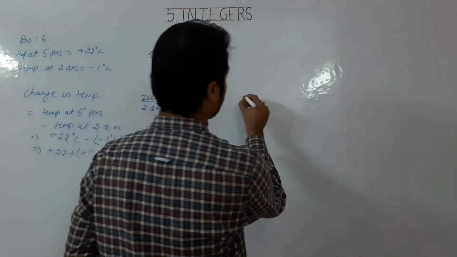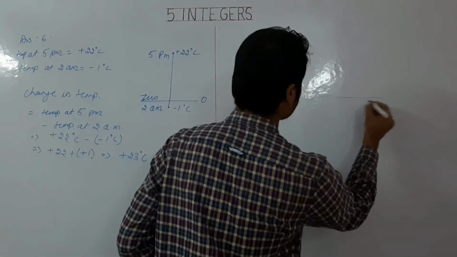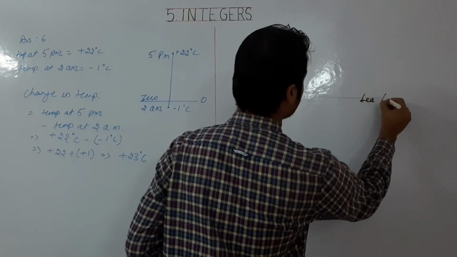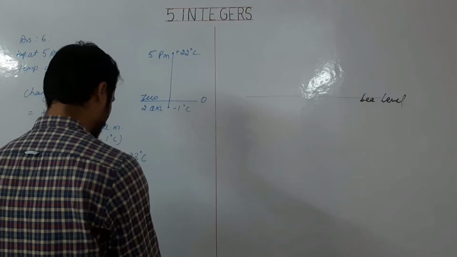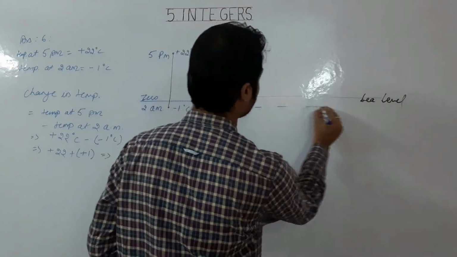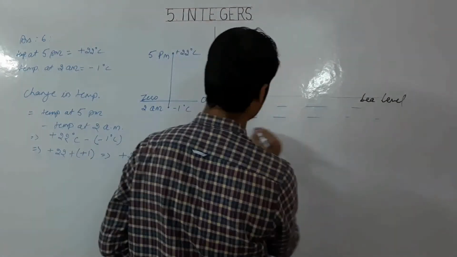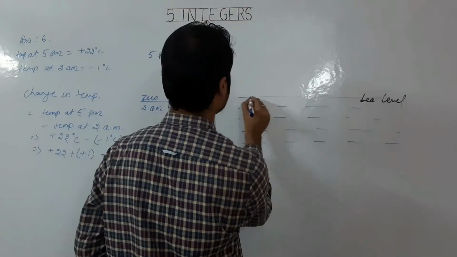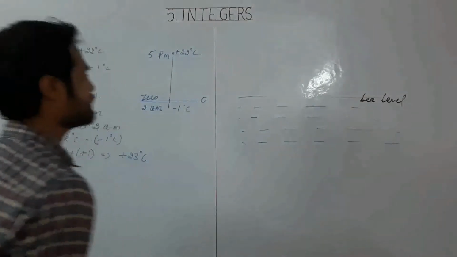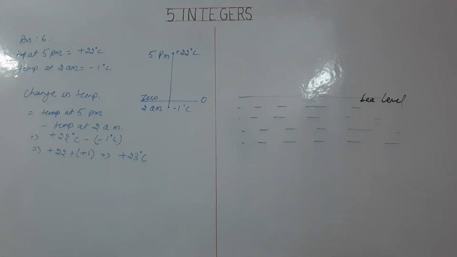Say this is my sea level, mean sea level, and this is C. Just assume that these lines are representing water. Now, first point A is 27,500 meters below sea level.